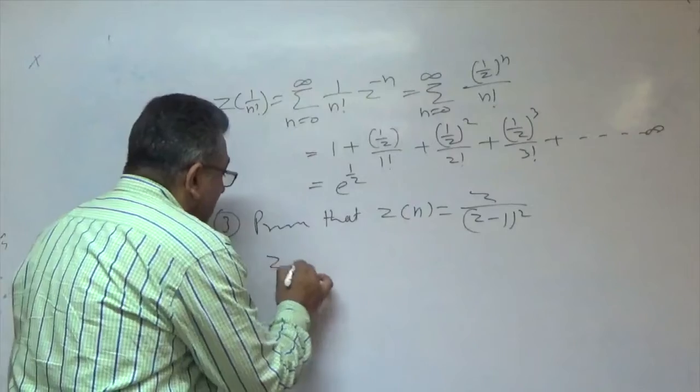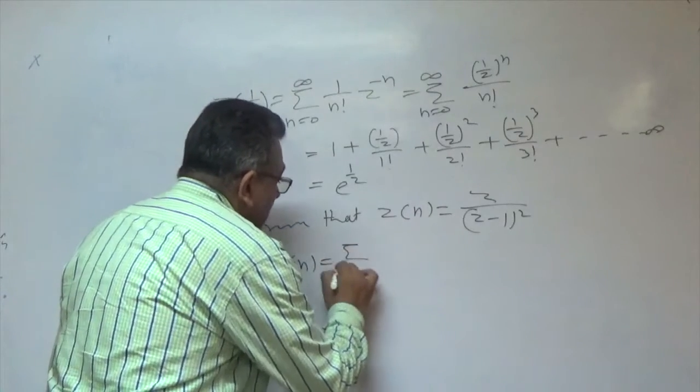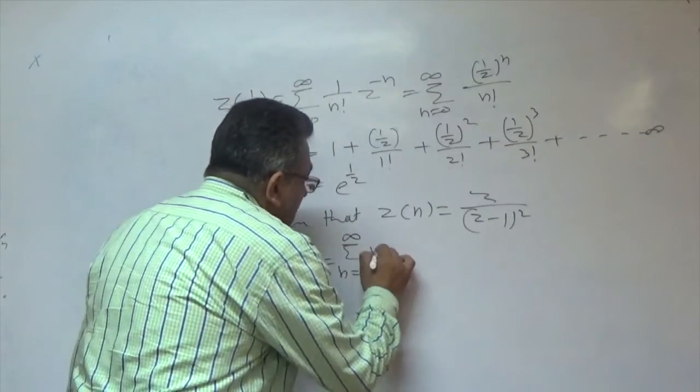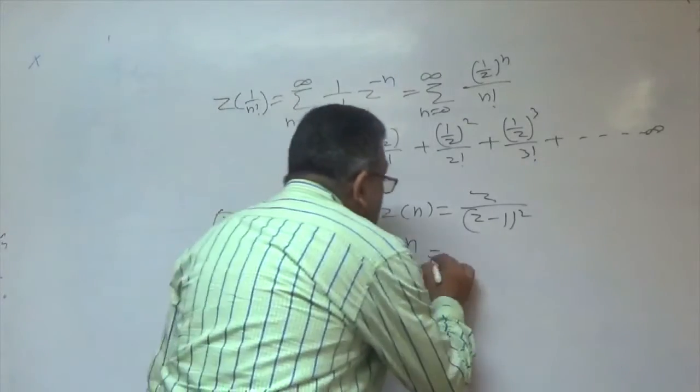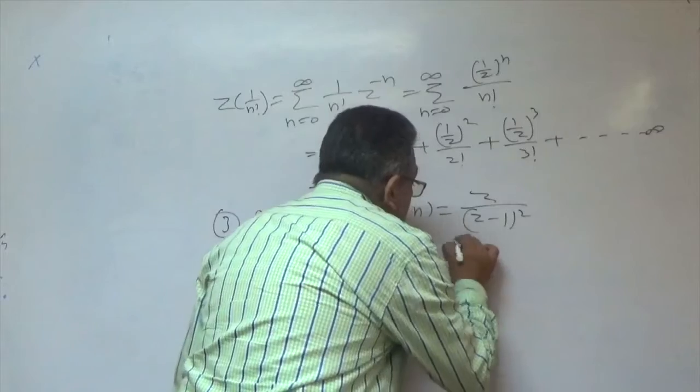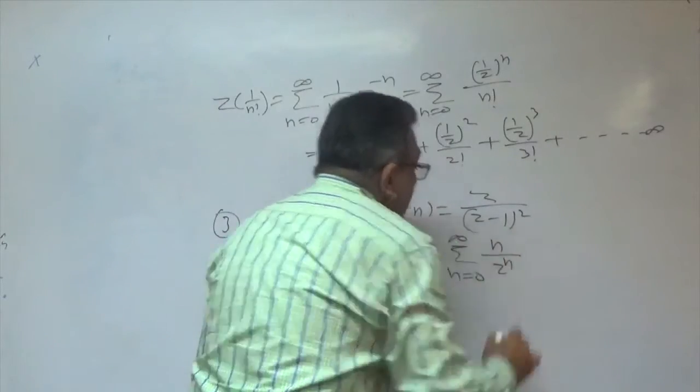Again by definition, Z of n equals sigma n equal to 0 to infinity n z to power minus n. It can be written as sigma n equal to 0 to infinity n upon z to power n.